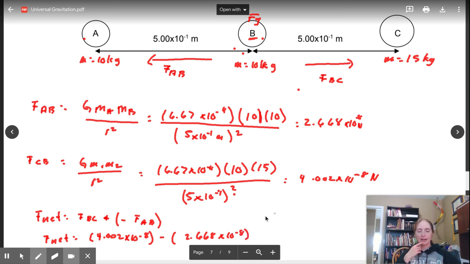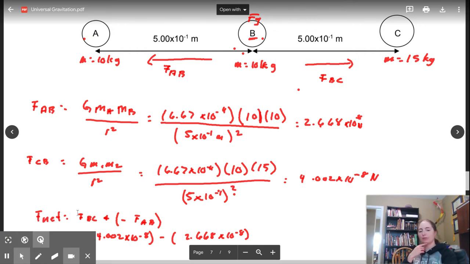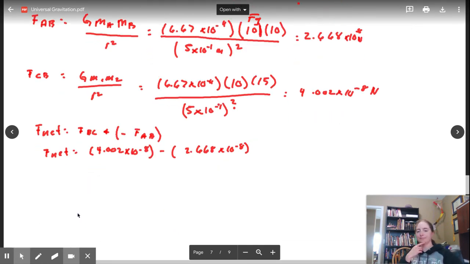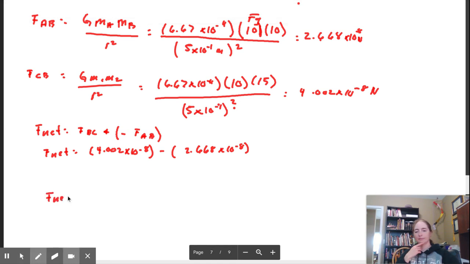And then I am going to scroll down so I can actually write this nicely here. So I'm going to wind up with a lovely value with sig digs and units.